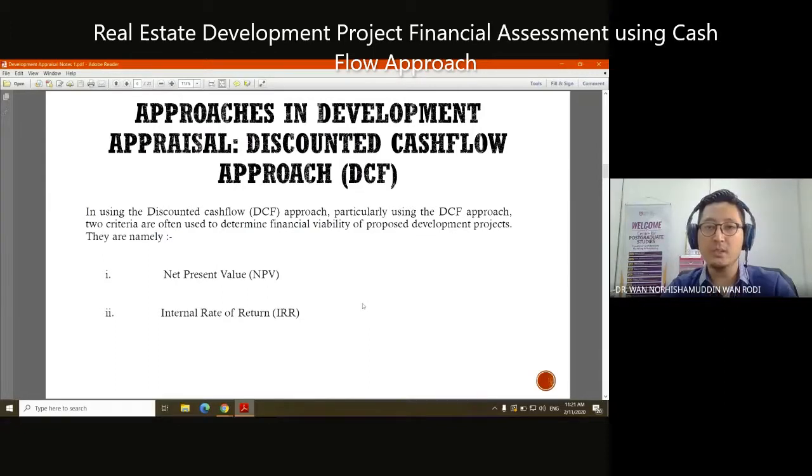So it will bring to the present all the future values that are generated from the cash flow. Generally we will use 2 criteria, net present value and internal rate of return. Okay, next.